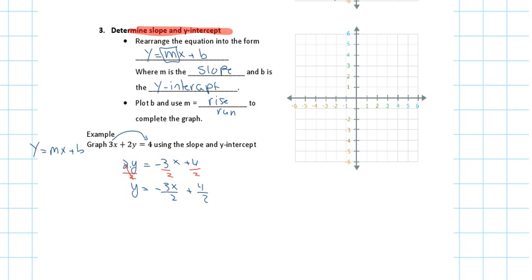We can divide 4 by 2 separately, while you're dividing 3 by 2. You have to divide every term by 2. I have 2 terms in here. I have the negative 3x and I have the 4. And each term has to be divided by 2. Okay? So, when I do that, I get negative 3 over 2x plus 2.